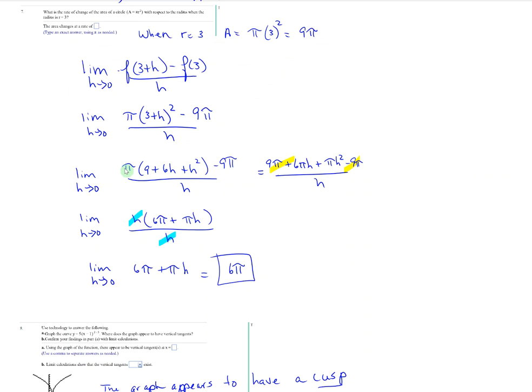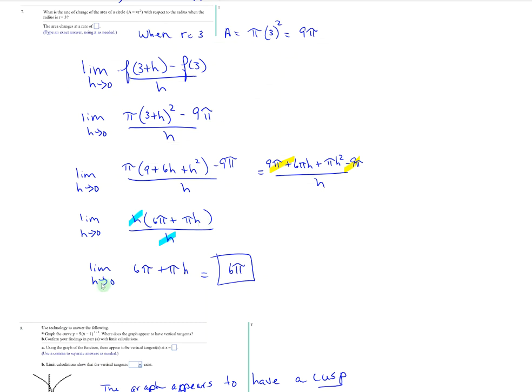You have the pi on the outside, and you have minus 9 pi. When we multiply this by pi, we end up with this line. The 9 pi and the negative 9 pi cancel out. We've got this over h. If we factor out the h, we are left with 6 pi plus pi h.